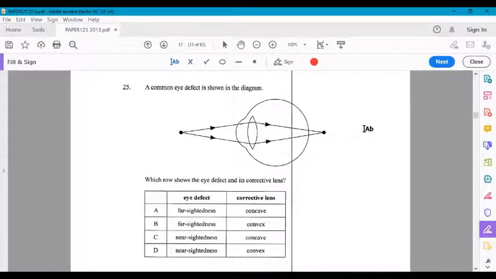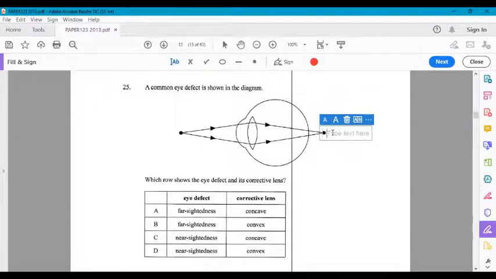Number 25. A common eye defect is shown in the diagram. Which row shows the eye defect and its corrective lens? All right, so we see that this point here, this is where the image will form.